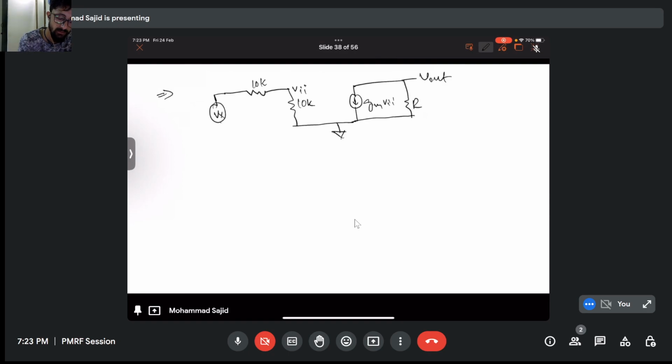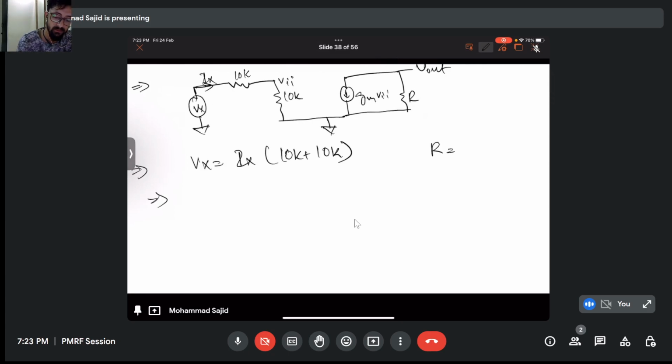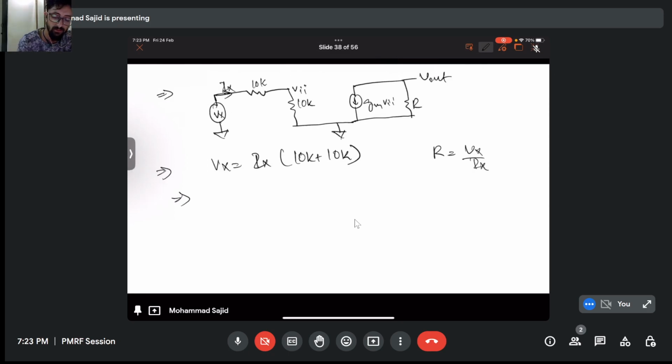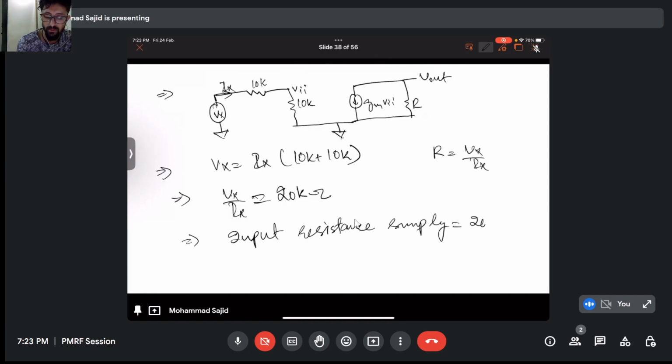So this is my Vx, and let's say current Ix flows. So Vx will be equivalent to Ix times 10k plus 10k, right? And we know resistance is Vx by Ix. So here Vx by Ix is 20k. So my input resistance is simply equivalent to 20 kilo.